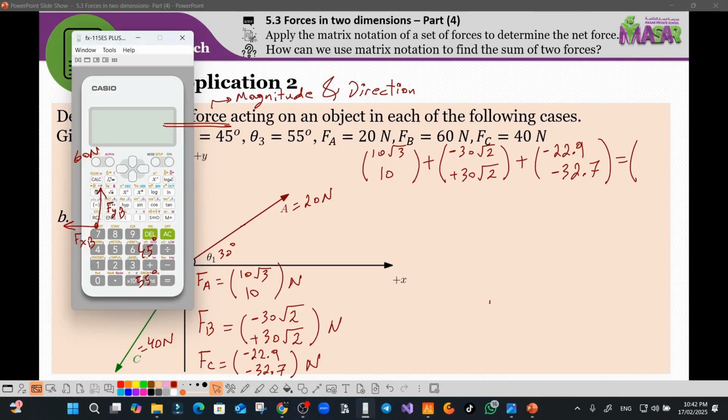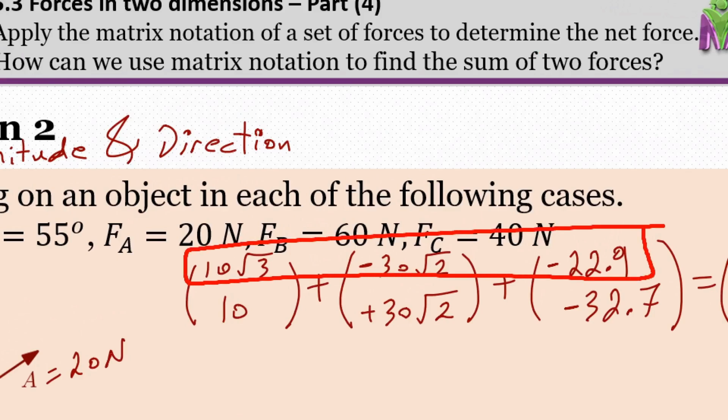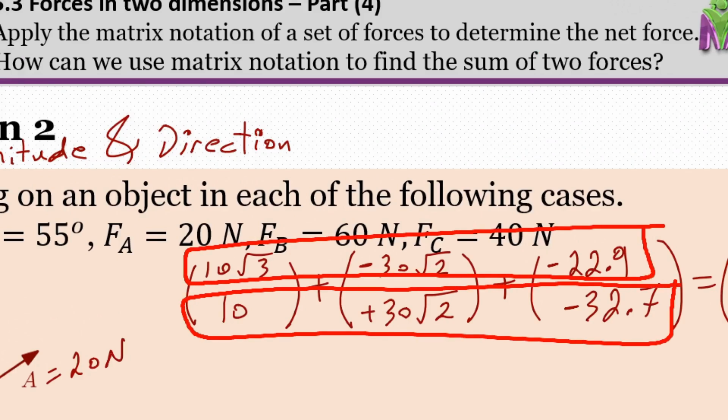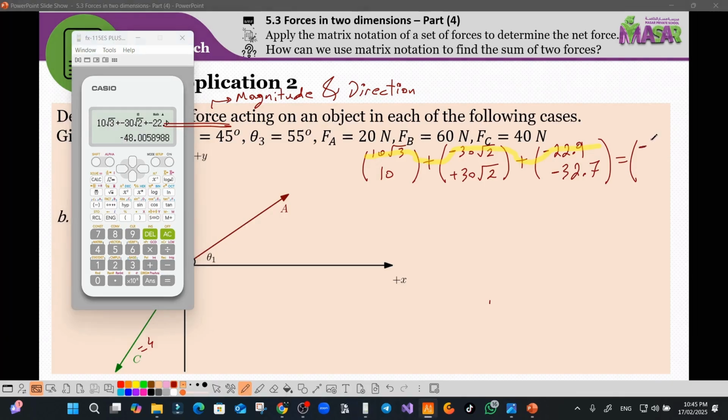Remember that we're going to add the entries of the first row together and the entries from the second row together. So let's start: 10 radical 3 plus minus 30 radical 2 plus minus 22.9. And the answer is minus 48.